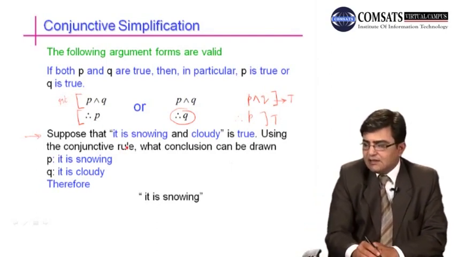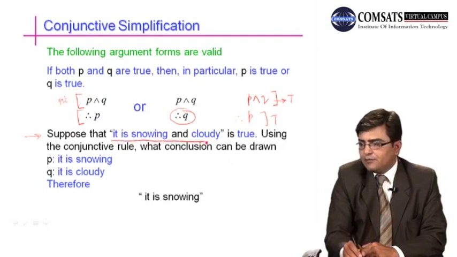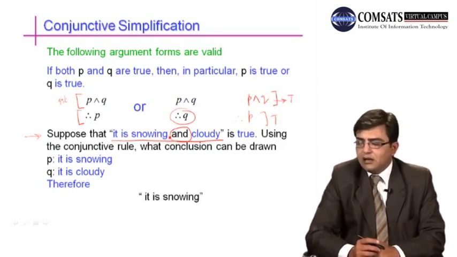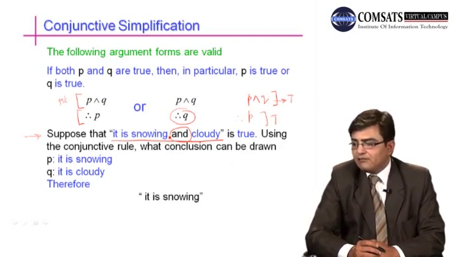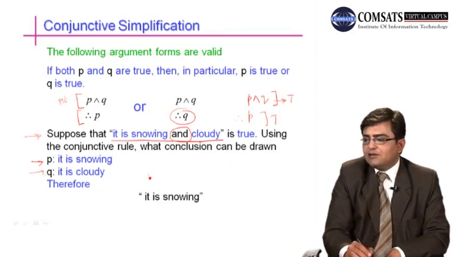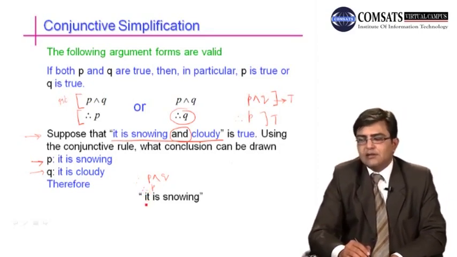This is the conjunctive compound proposition where there is a conjunction between these two propositions. Using conjunctive simplification, what conclusion can be drawn? If we suppose P is the proposition it is snowing, Q is it is cloudy, therefore P and Q, we can conclude therefore P, if P and Q is true, then we can conclude it is snowing.